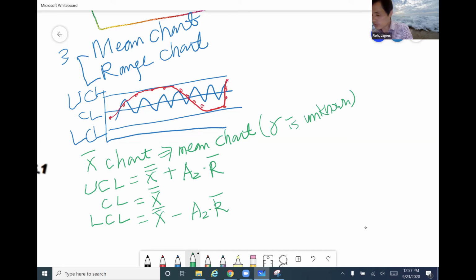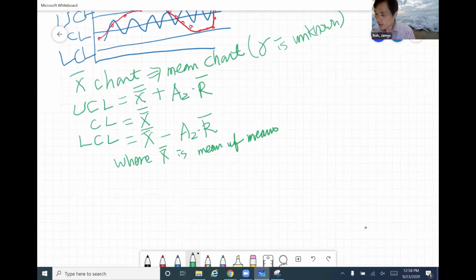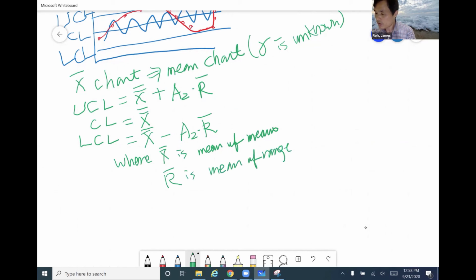X double bar is the mean of means, R bar is the mean of range, and A2 is from table 6.1. I'm going to show you what that table is.